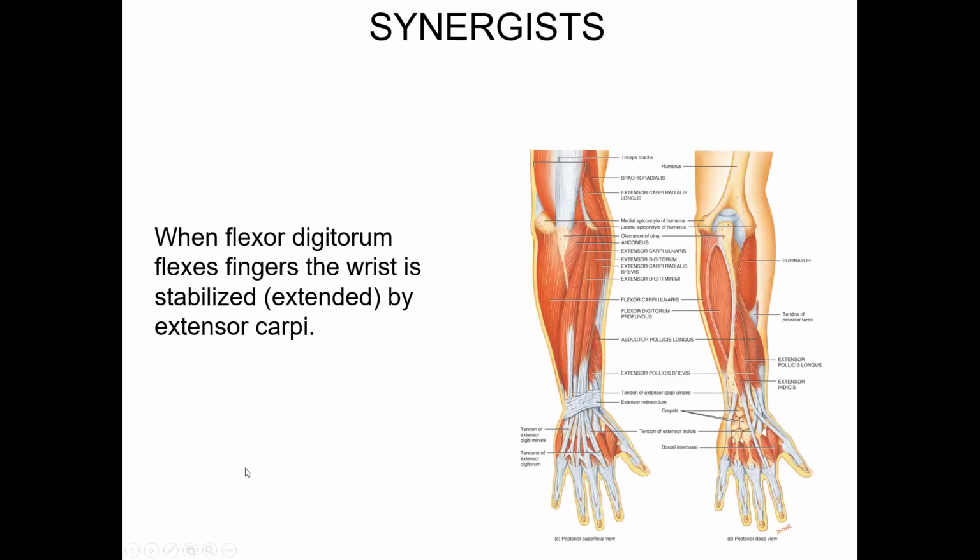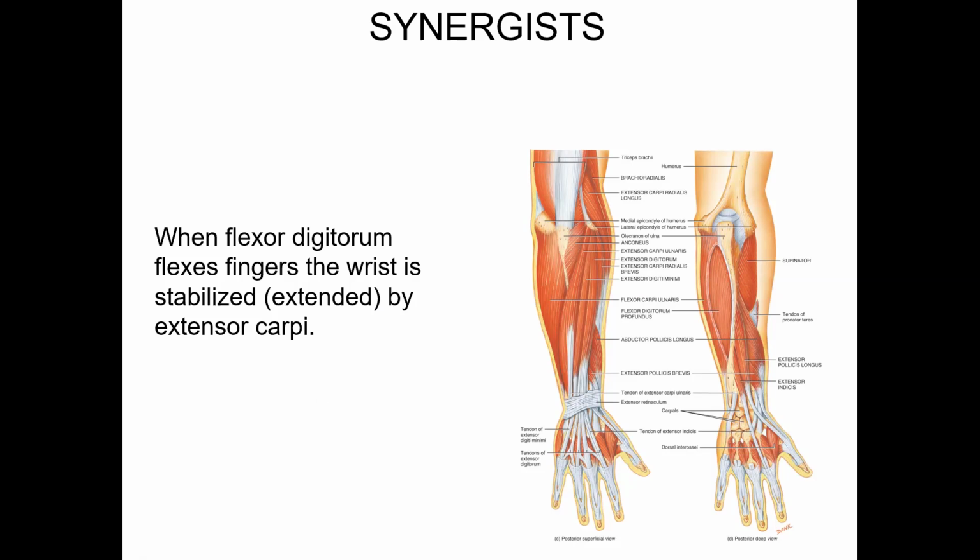The synergist muscles go into contraction together with the prime mover. So here are the fingers, right? The digits. The flexor digitorum muscle causes this grabbing-like movement, flexing of the fingers.